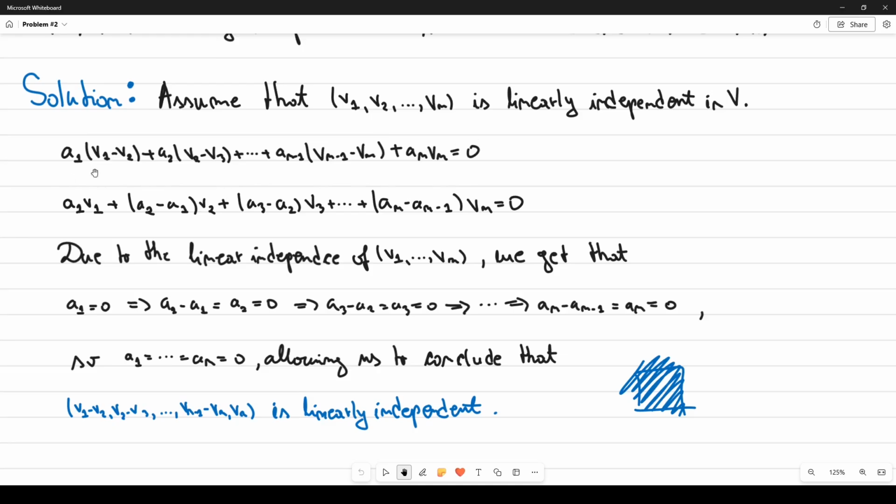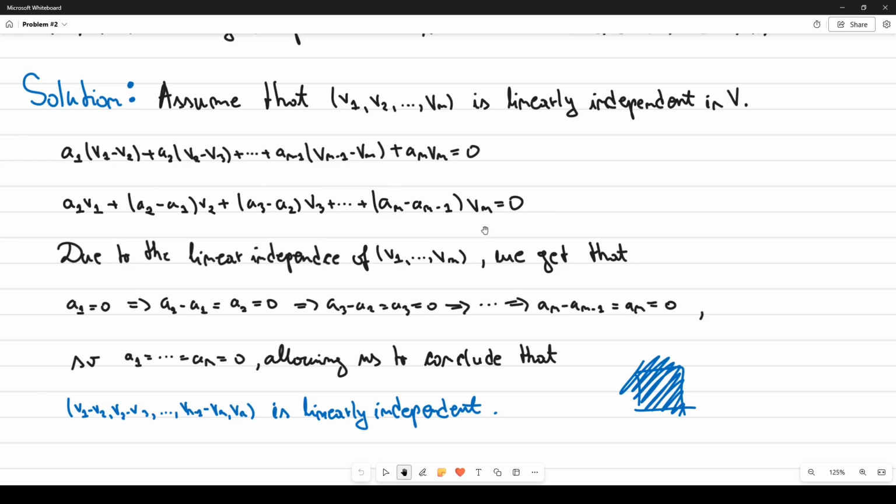Now we multiply out the scalars with the vectors in the brackets, and then we group the appropriate terms together. I group everything that belongs to V1, everything that belongs to the vector V2, V3, and so on, and we get this expression.